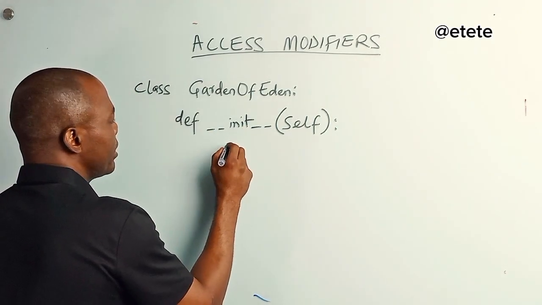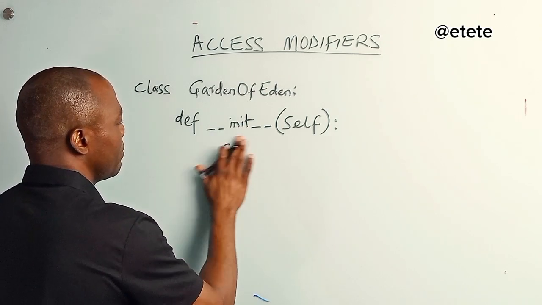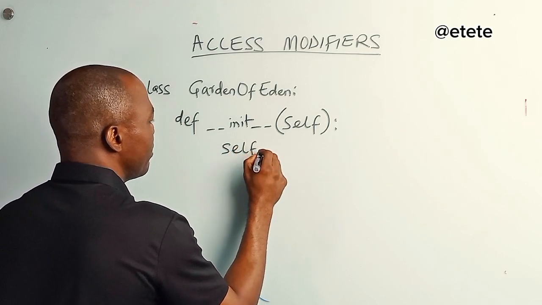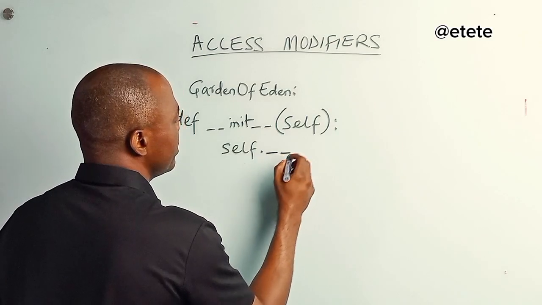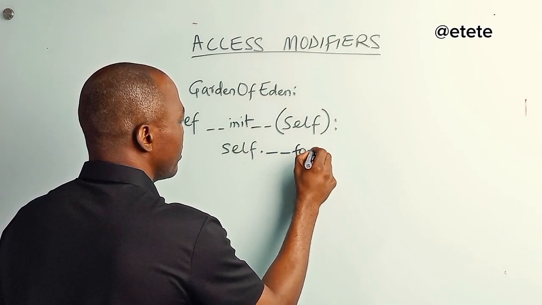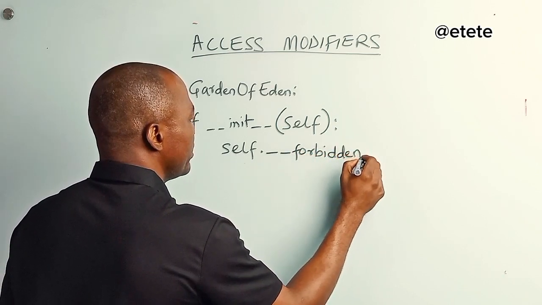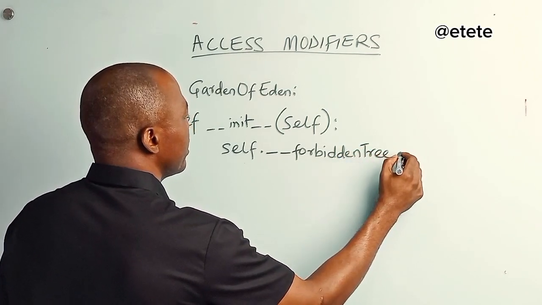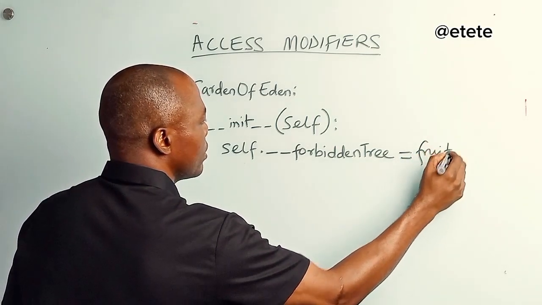So I will now say self dot, then I say forbidden tree, and then I assign fruit to it.